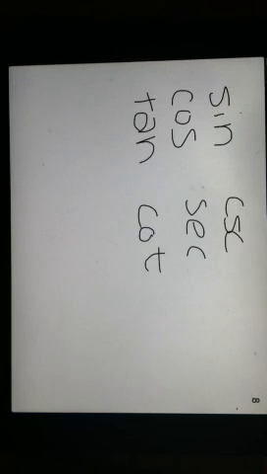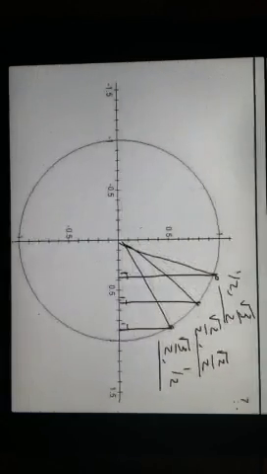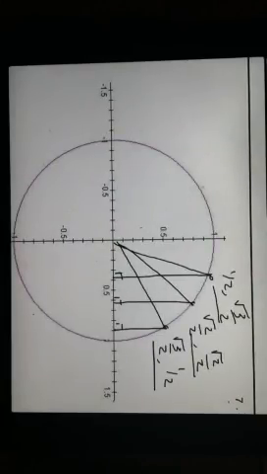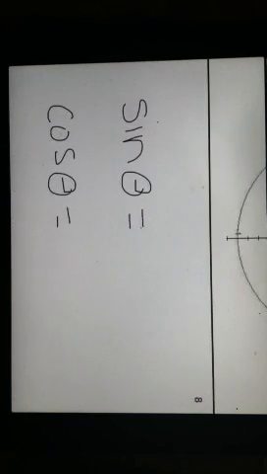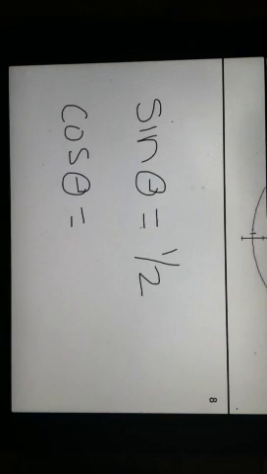So we know that sine theta is always going to be equal to whichever the y-coordinate is. So in this case, the y-coordinate is 1/2. So we know that sine theta is just going to be 1/2, and that cosine theta is always going to be equal to the x-coordinate, which in this case is root 3 over 2. So we write root 3 over 2.